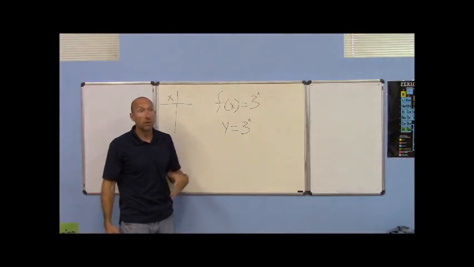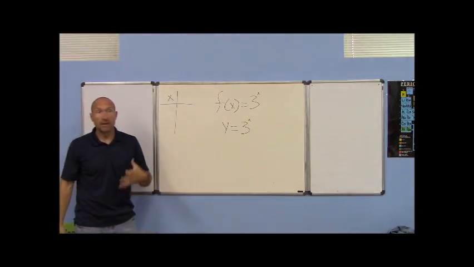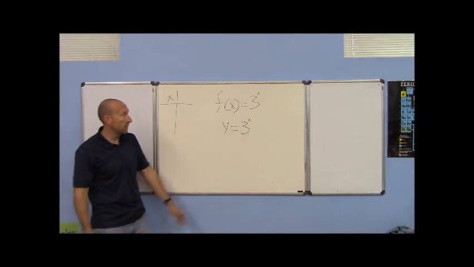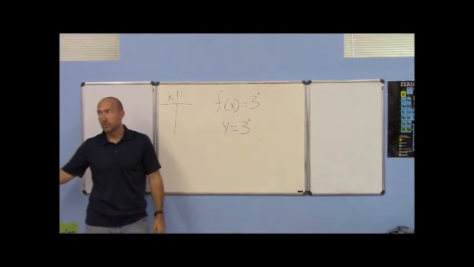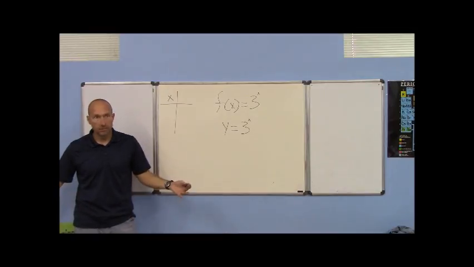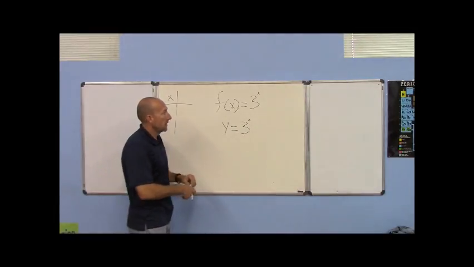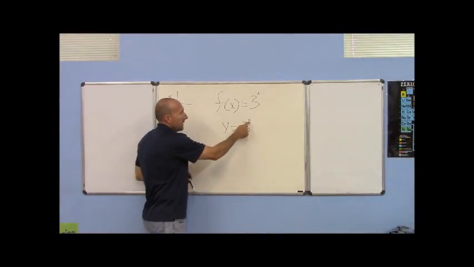Okay, so we want to do 0 and 1. So you don't want to do 25 because then you have to do 3 times 3 times 3 times 3 times 3 times 3 times 3, 25 times. Okay? So because the x value is an exponent.